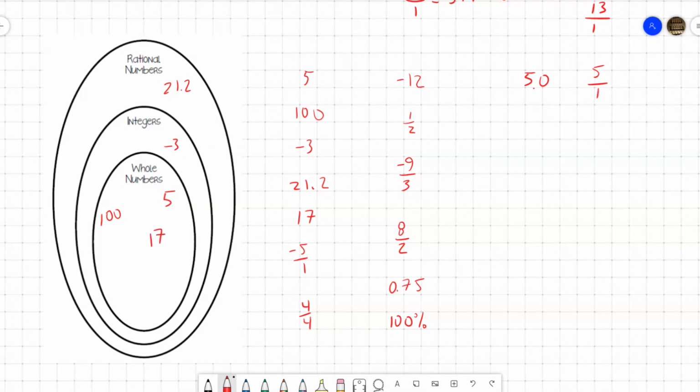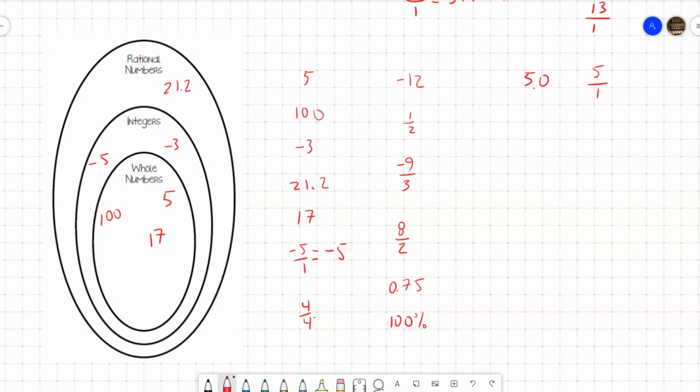Ooh, look at this one. -5 over 1. Well, 5 divided by 1 is just 5, right? So -5 over 1 is just -5. So I would simplify that to -5. -5 can't be whole because of that negative. So the best category would be integers. 4 over 4, did you put that as a rational? I mean, it is, right?